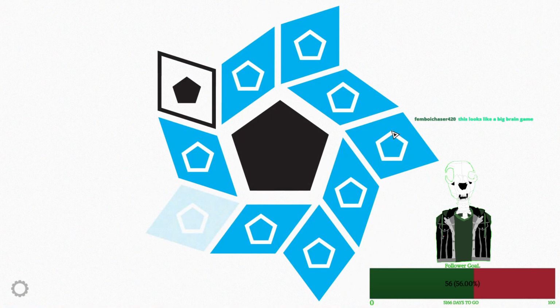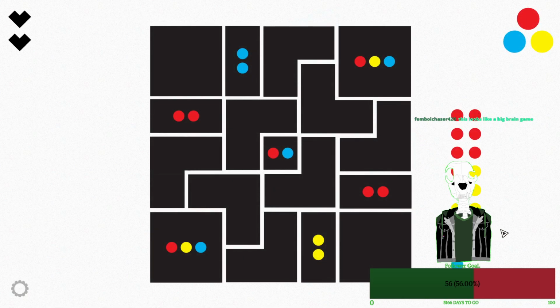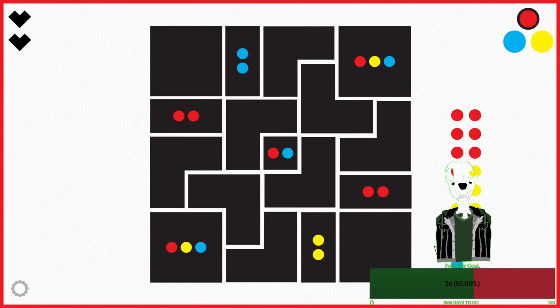It's a bit of a big brain game. It is true. You're kind of just trying to figure out where colors go, though. Okay, so there's a hidden yellow.